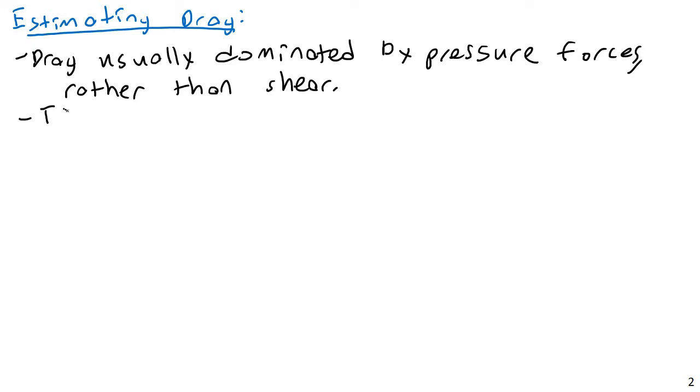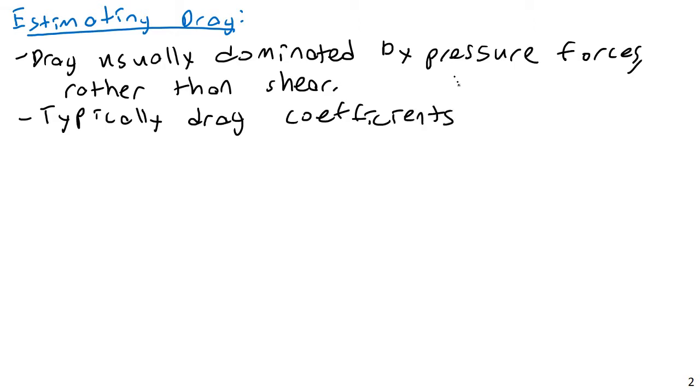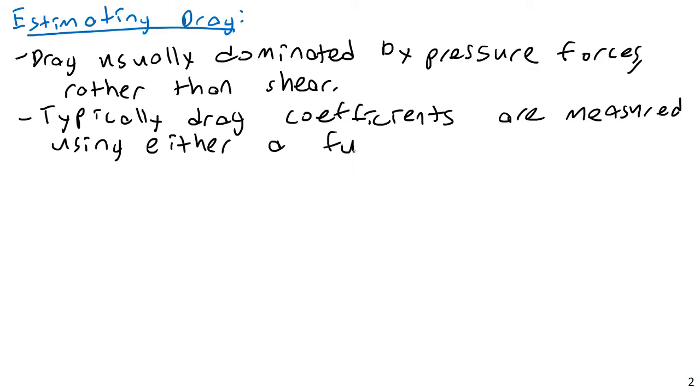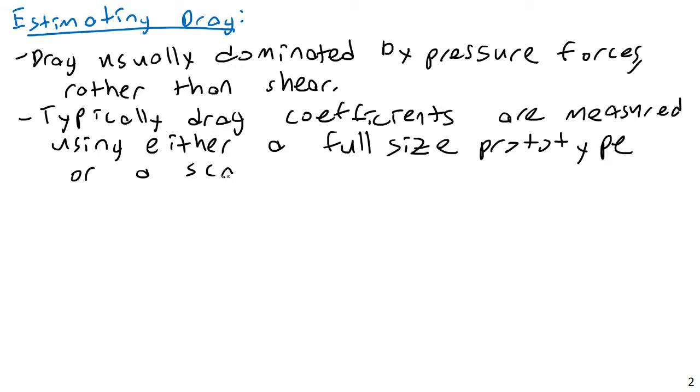So drag coefficients are determined experimentally, and you would set up such an experiment using the ideas of similitude that we discussed earlier in the course, measuring using either a full-size prototype or a scale model.